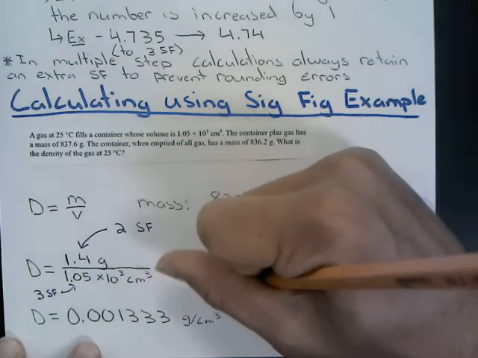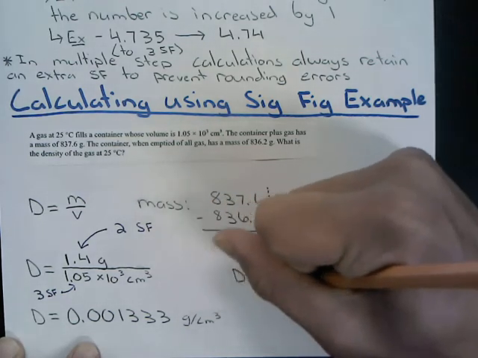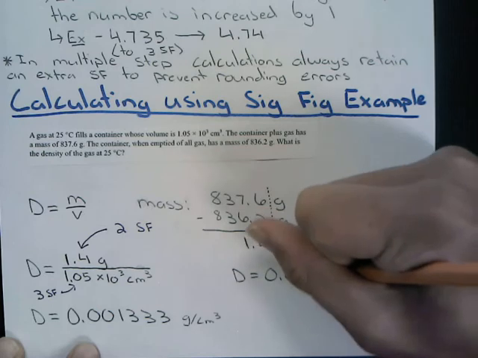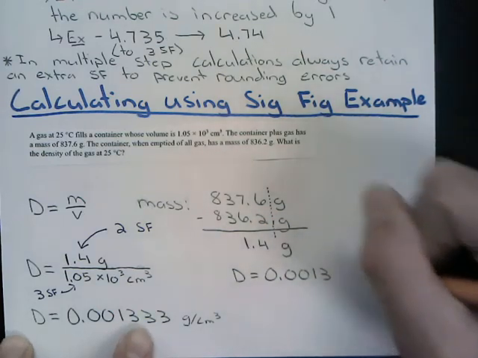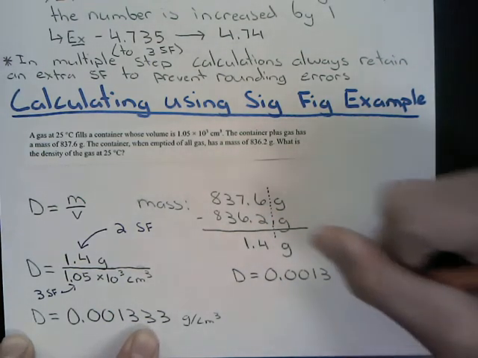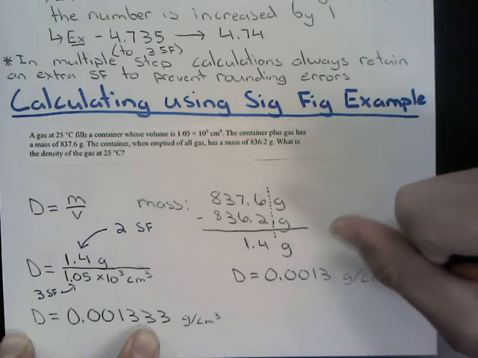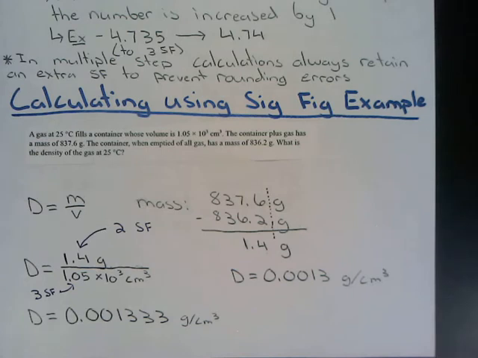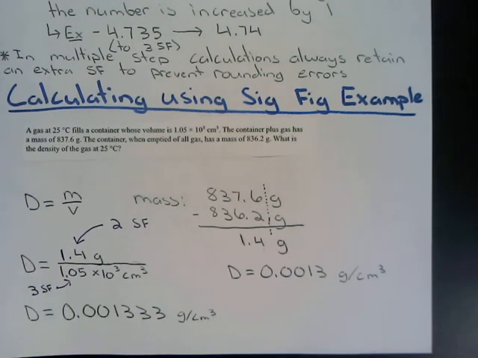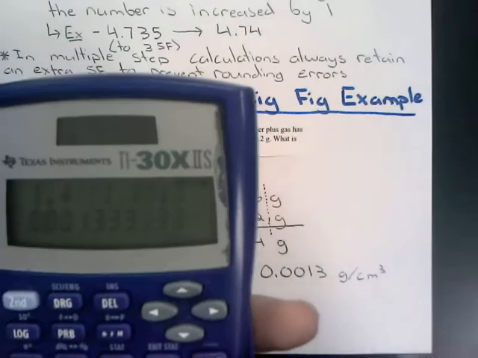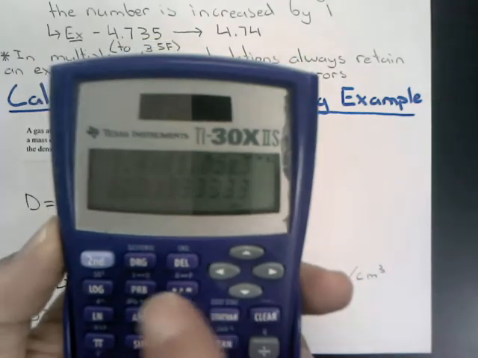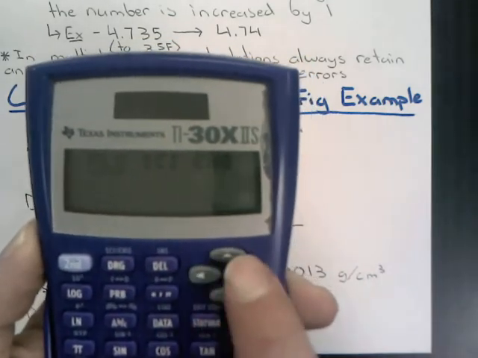And so that means our density, when we round it correctly, is either 0.0013, because that 3 does not cause it to round, grams per cubed centimeters, or remember that ambiguous portion can be eliminated if you bring it into scientific notation.